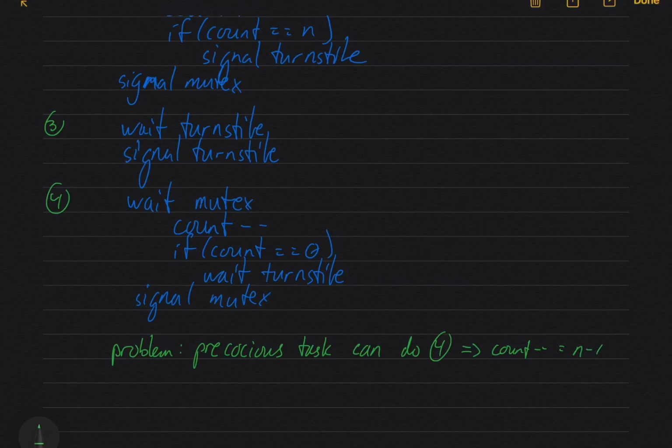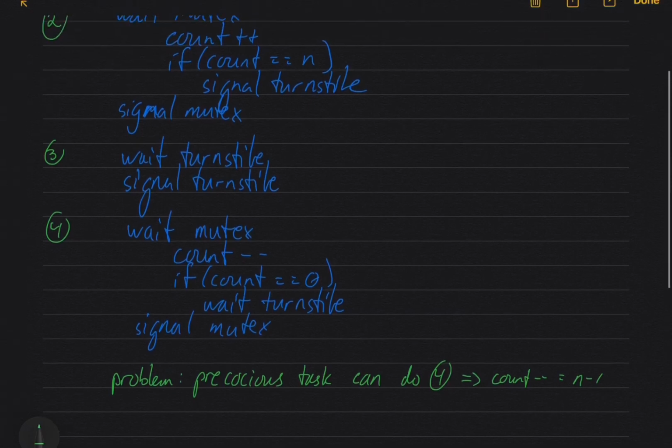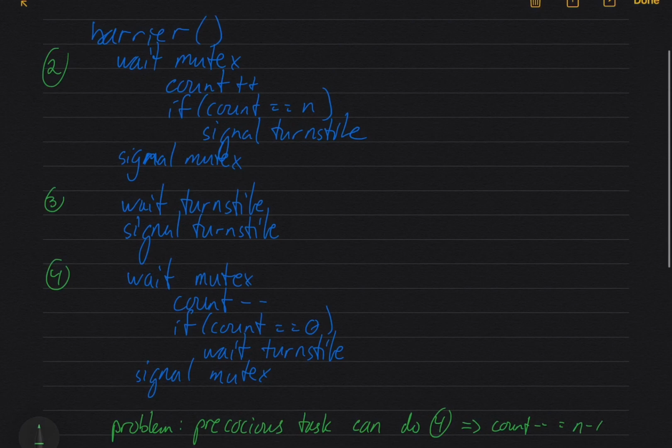So remember that this barrier is being called from inside a while loop. So it can race back around to the top of its while loop, do a bit more work, and enter the barrier again. So if we go back up to the top here now, that task has not finished its time slice.